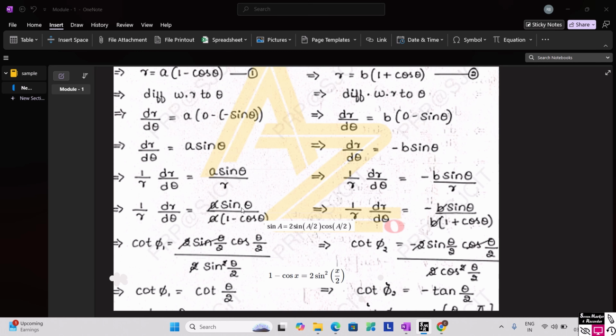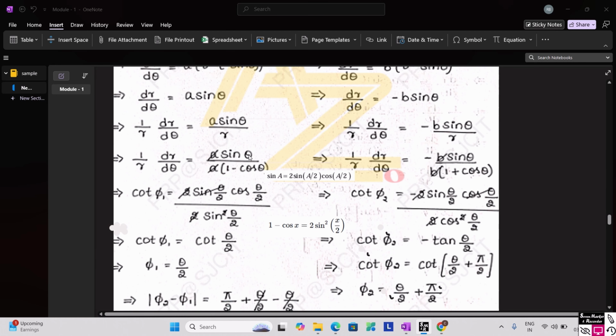So a gets cancelled, and we know that sin theta equals 2 sin theta by 2 cos theta by 2. Here the formula is given, and this formula is also provided in the VTU handbook on page number 2. 1 minus cos theta is 2 sin square theta by 2. Here the same we are doing. All this formula is provided on page number 3.